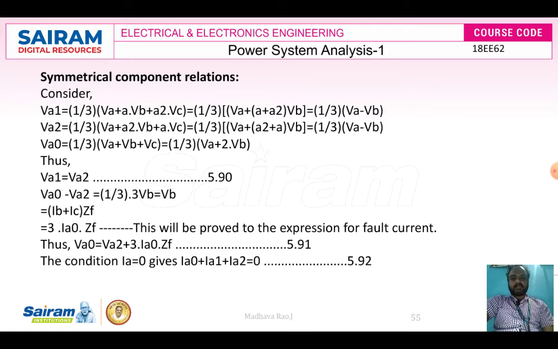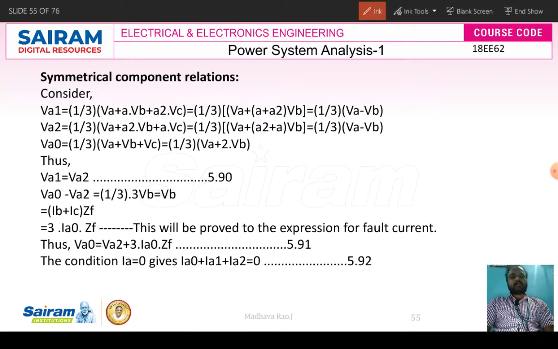Using these symmetrical component equations and substituting the terminal conditions, VA1 you can write as 1 by 3 into VA minus VB. Similarly, VA2 is equal to 1 by 3 into VA minus VB, and VA0 is equal to 1 by 3 into VA plus 2 into VB.